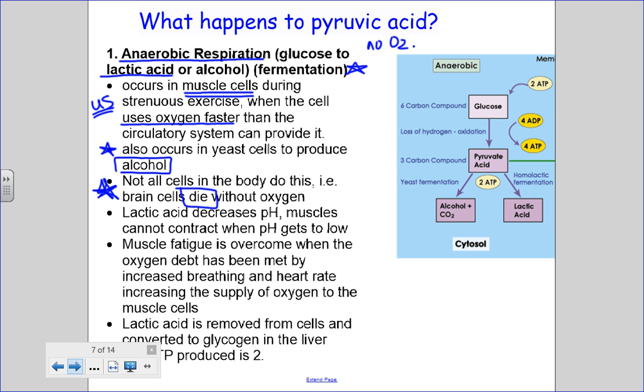Your brain cannot function without it. But not all of your body cells can do this. So if I were to ask you on a test, which kind of cell does this happen in? A heart cell, a muscle cell, a kidney cell, a brain cell? You would say anything but brain. Brain is the only type of cell that I would expect you to be aware of that cannot do anaerobic respiration.